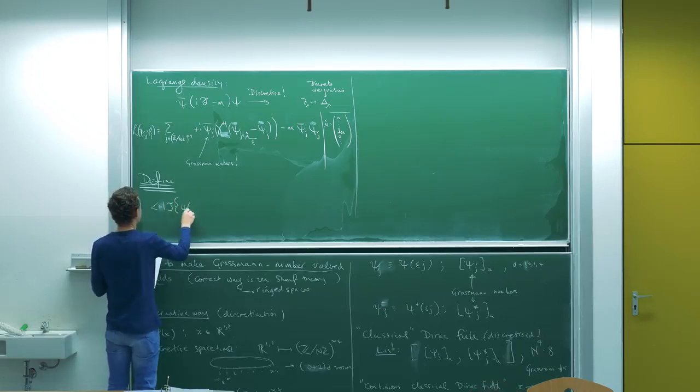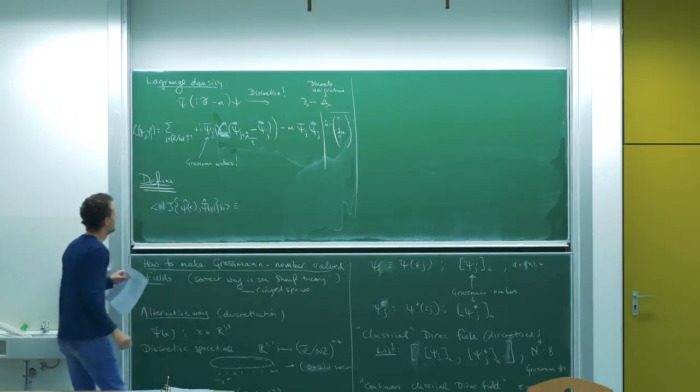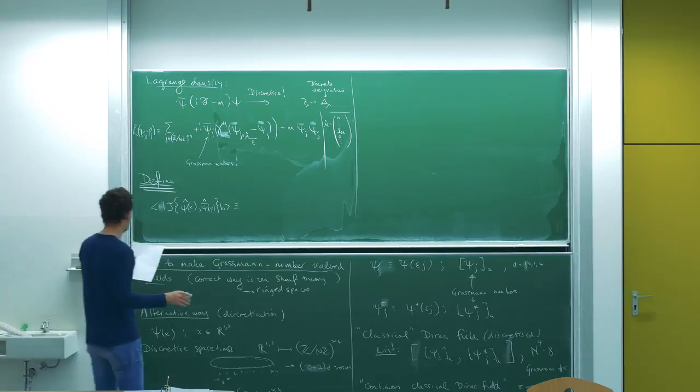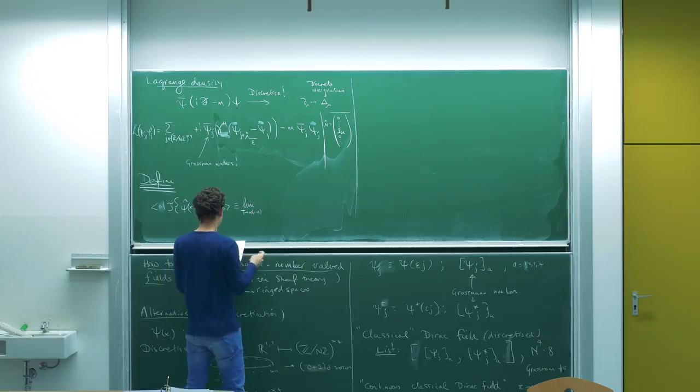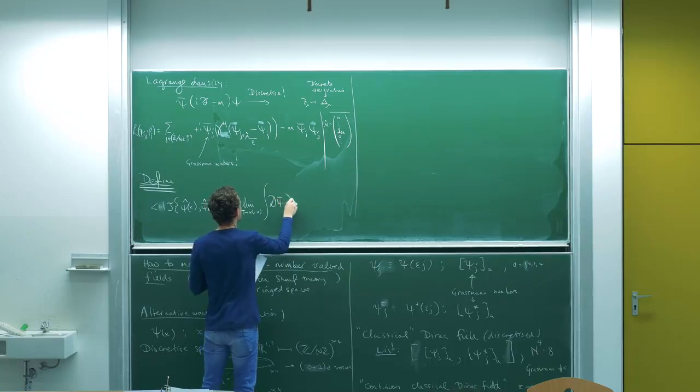The 2-point function, if we were just proceeding by analogy with the bosonic case, then we would write for this some limit, some path integrals.